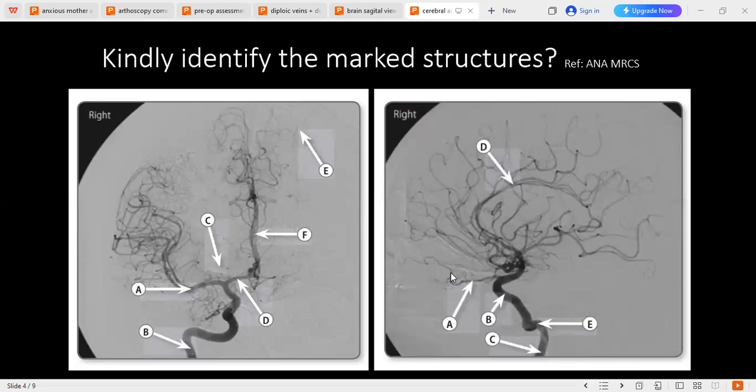Now you have it. So here, this is basically the anterior view of the carotid angiogram. We are not sure we can see anything. I think you can use the cursor. Take the pen on the left of the screen. There's a pen here, and you can draw or you can write.